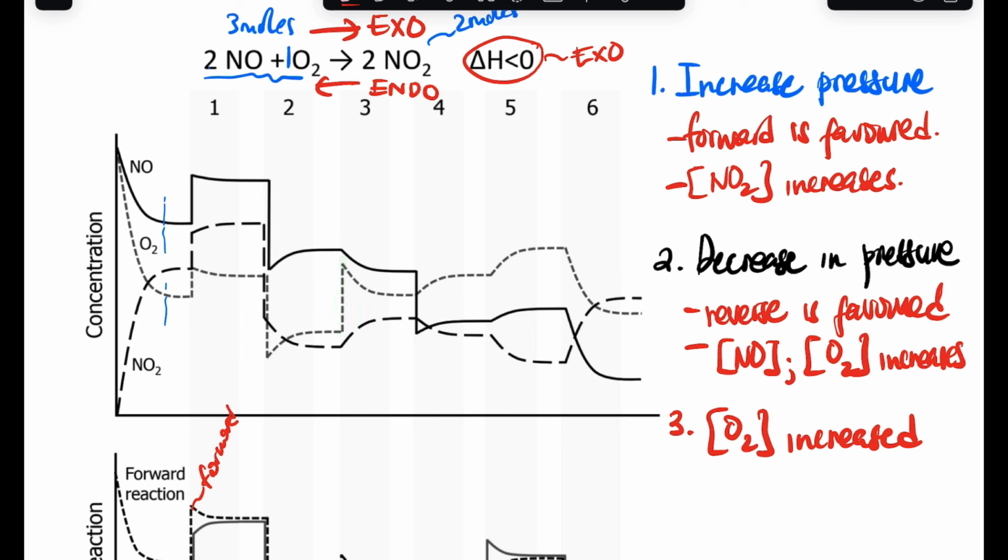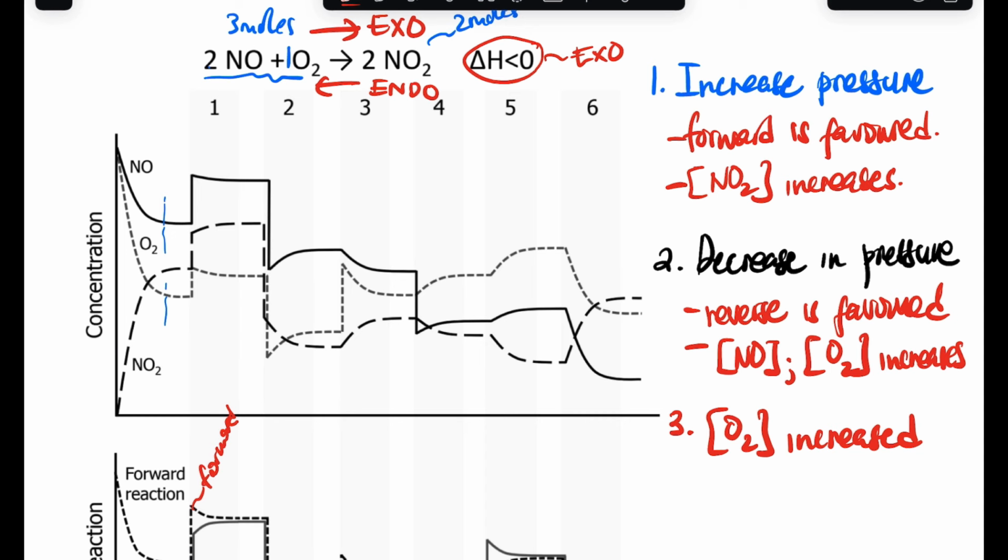So which one is going to be favored? The favored one is the one that has been increased by the system. The system increases the product. Do you see the product has been increased there?